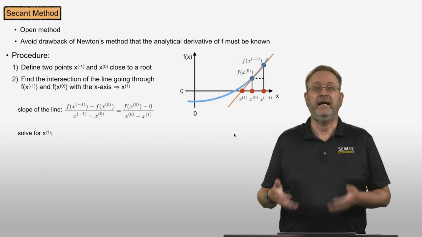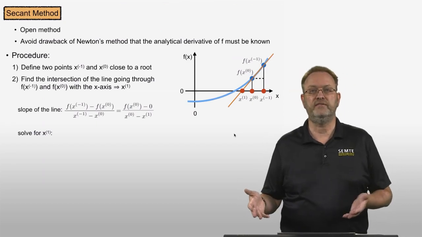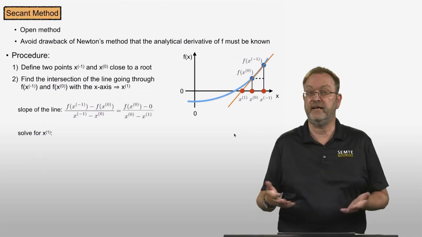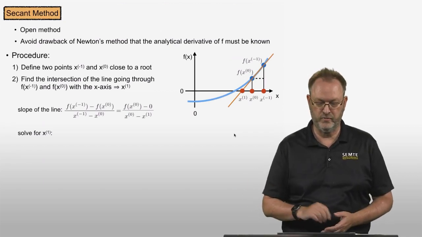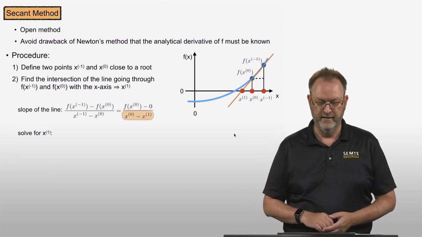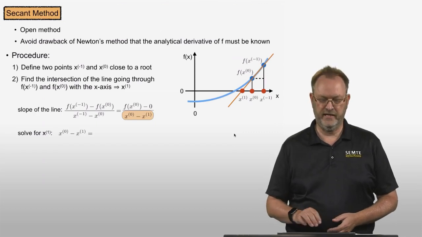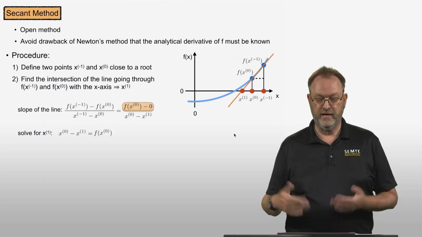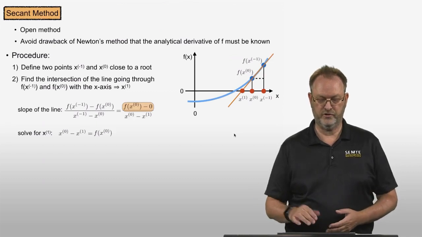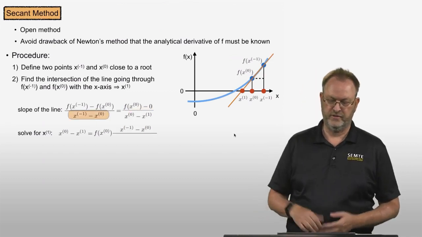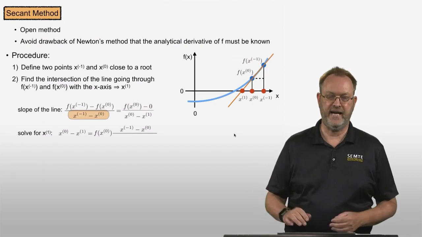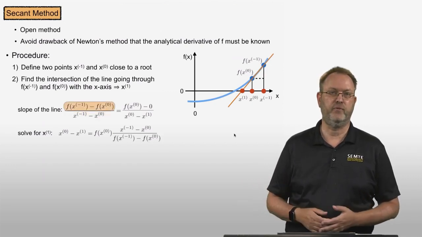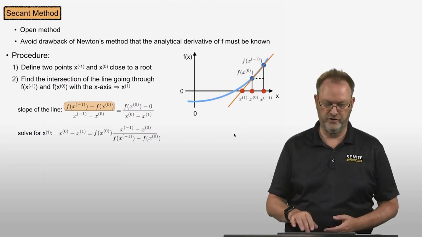So now I know all of these quantities in this equation except for the new solution estimate that I want to find. So let me solve this equation for x1. Just multiply by this denominator here, so I get x naught minus x1 is equal to f of x naught, and I'm going to bring the rest over. So that's x negative 1 minus x naught divided by f of x negative 1 minus f of x naught.